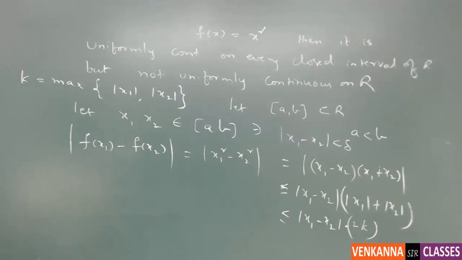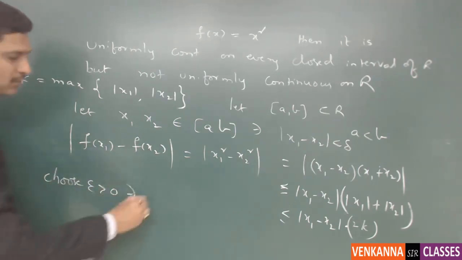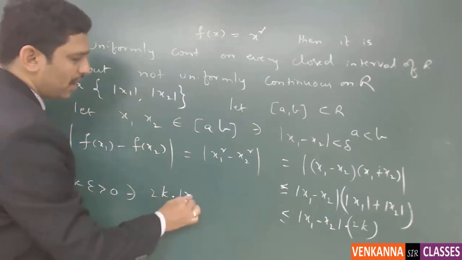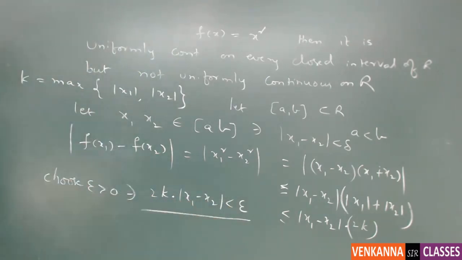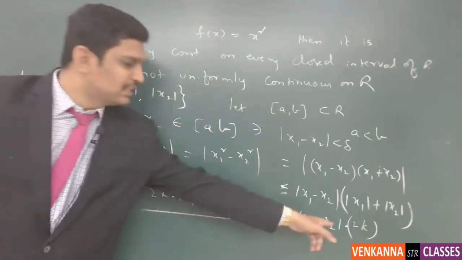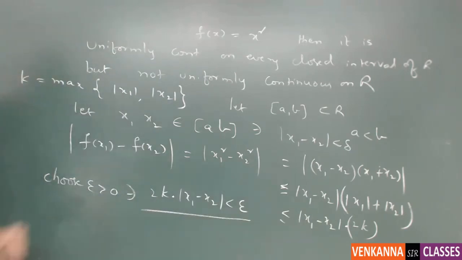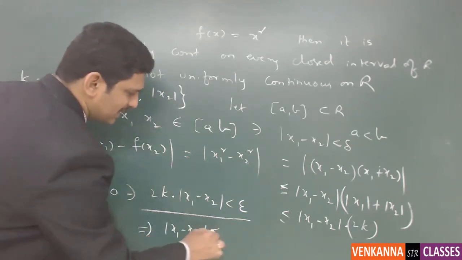How the value is taken? So at this point you choose epsilon. So choose epsilon greater than 0 such that 2k into mod x1 minus x2 is less than epsilon. You choose epsilon like this, because this value is less than or equal to this, and at this point you are choosing epsilon. So to draw a connection between delta and epsilon, this implies that mod x1 minus x2 is less than epsilon by 2k.